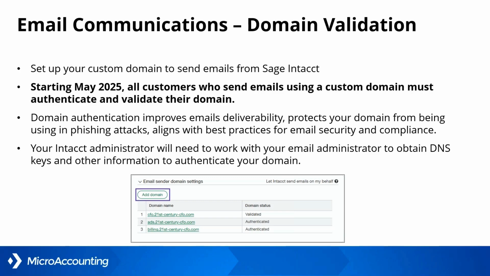This is under your company configuration, and this allows you to set up your domain so that those emails look like they're coming from your system and your email versus coming from an Intacct email that's potentially not known to your clients and those that you're sending, your vendors and anyone you're sending emails to from the system. Again, this starts effective May 2025, but you can go in already and set this up and do this.